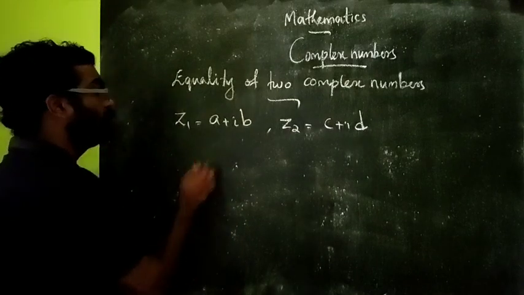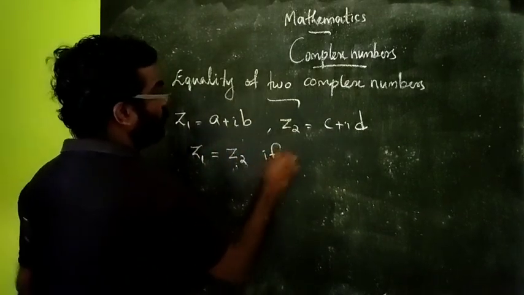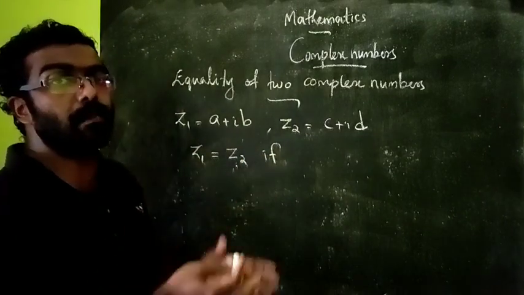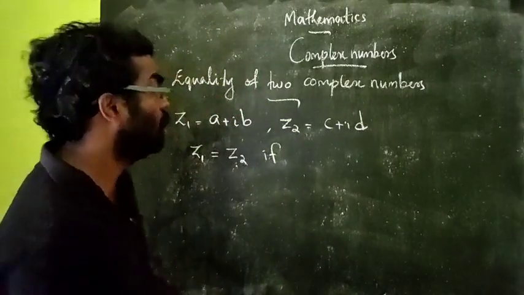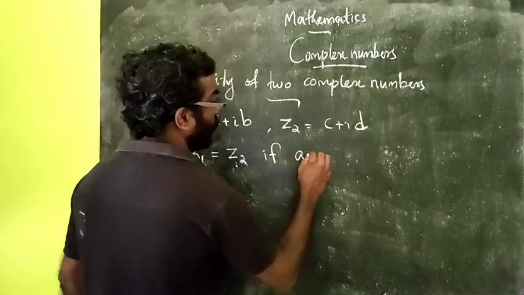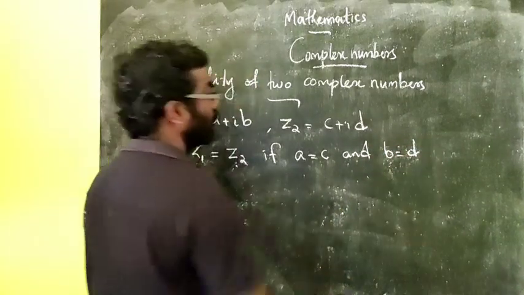These two complex numbers z1 and z2 are said to be equal if their corresponding real parts are equal and the corresponding imaginary parts are also equal. So if a is equal to c and b is equal to d.